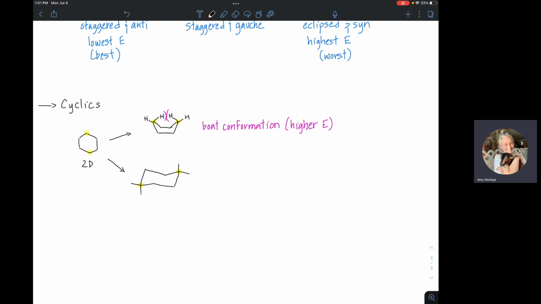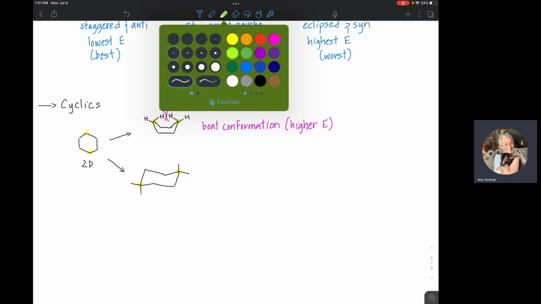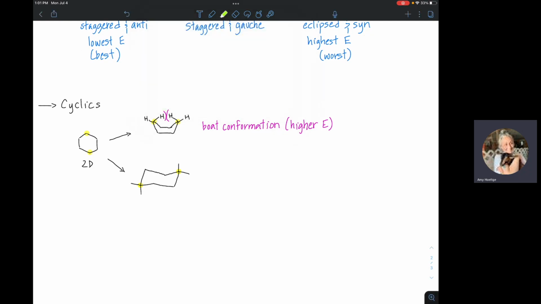Notice, I'm going to highlight this in a different color so that you can see, that this bond right here and this bond right here are parallel to these. If you've drawn a more gorgeous chair than I, these will be parallel to these.